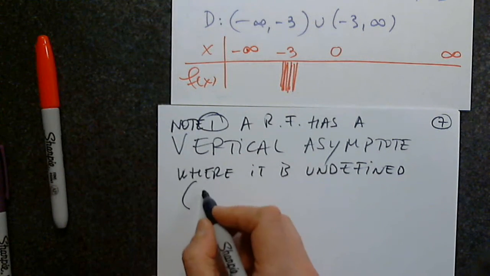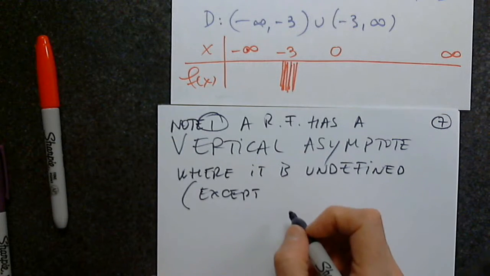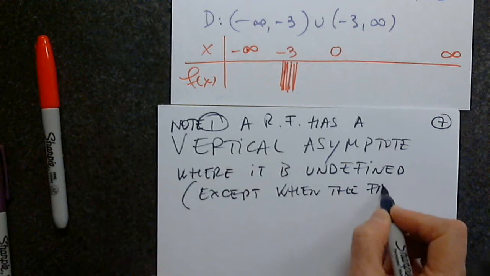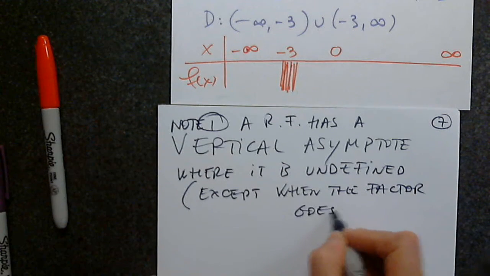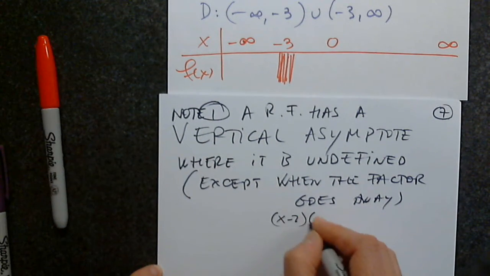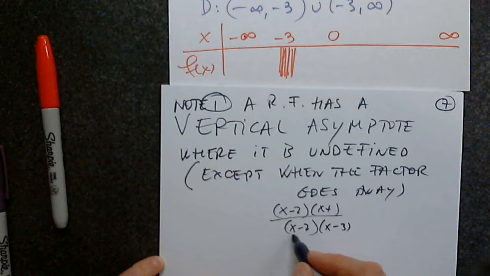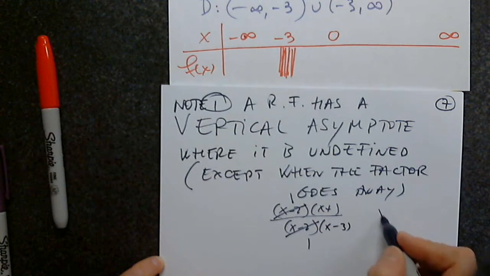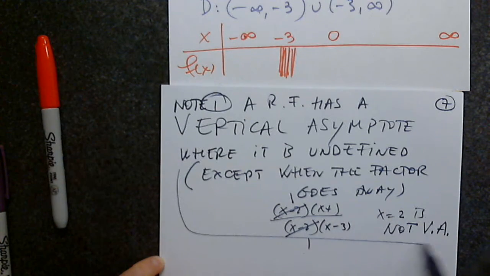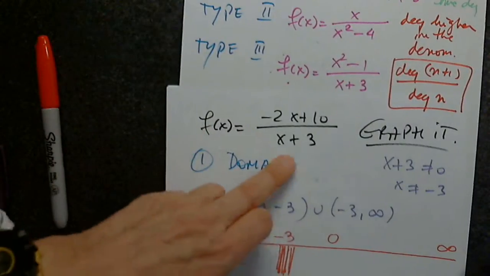I'll put in parentheses, except when the factor goes away. Simplifies, I should mention, better. So if I have x minus 2, x plus 1 over x minus 2 times x minus 3, this factor goes away. X equals 2 is not a vertical asymptote. That's the exception. But in our case, x plus 3 does not simplify with the factor.